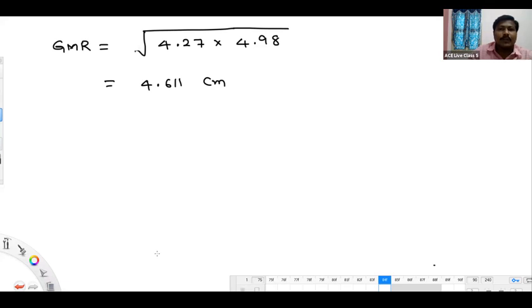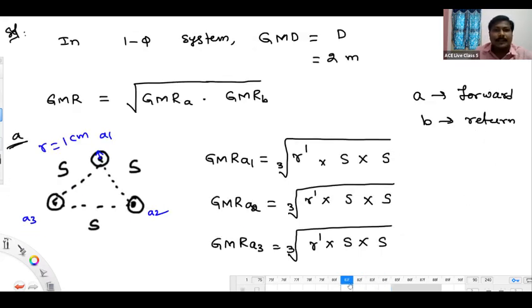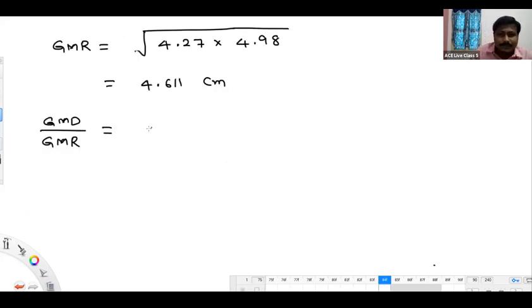Now you have to find the ratio between the GMD and GMR. What is GMD? Already we have mentioned, GMD is 2 meters.